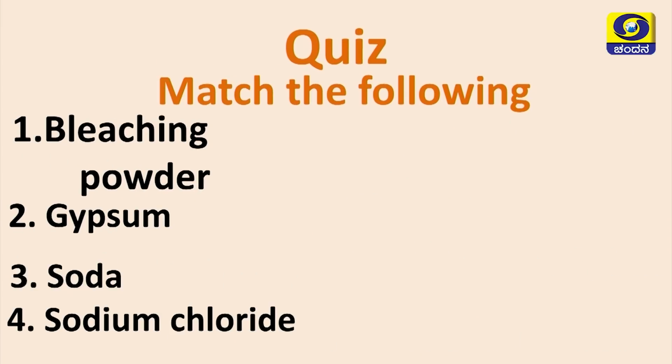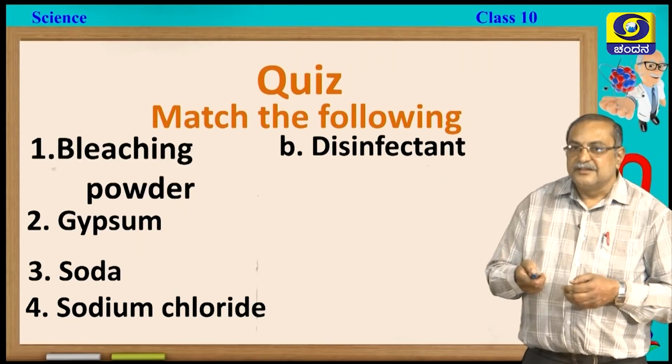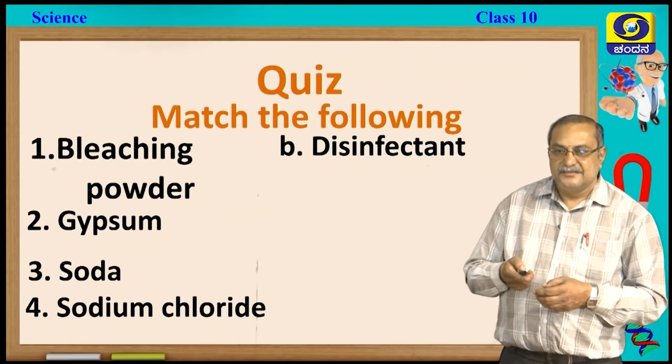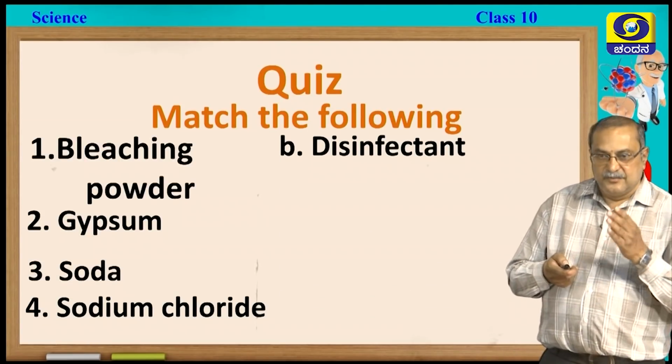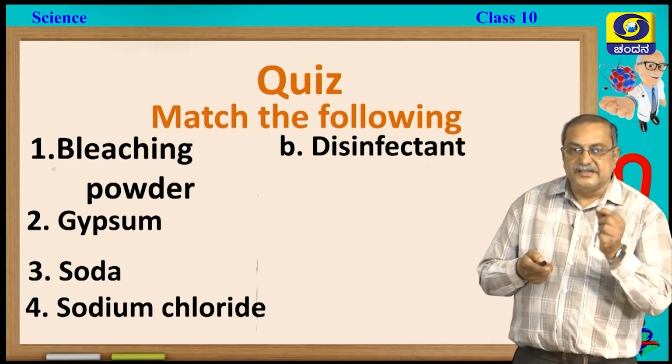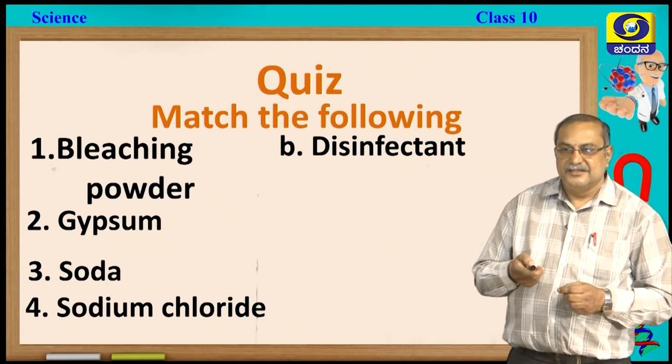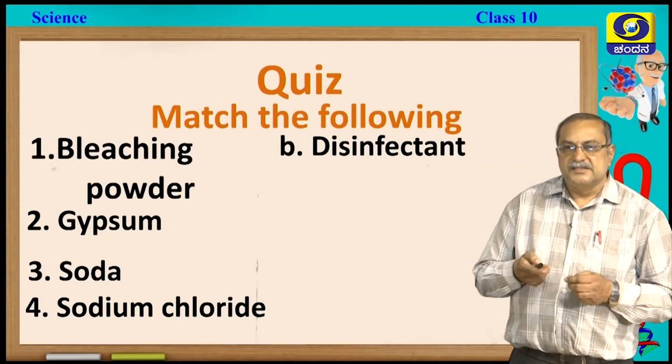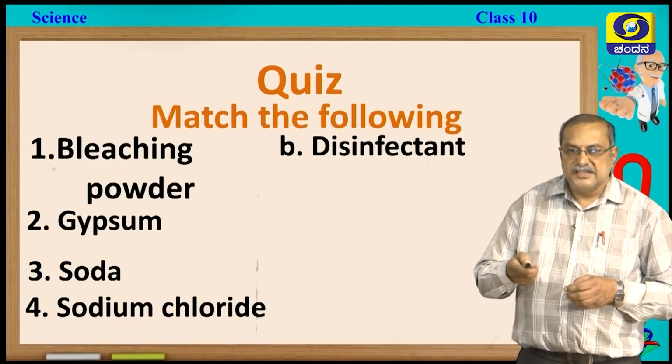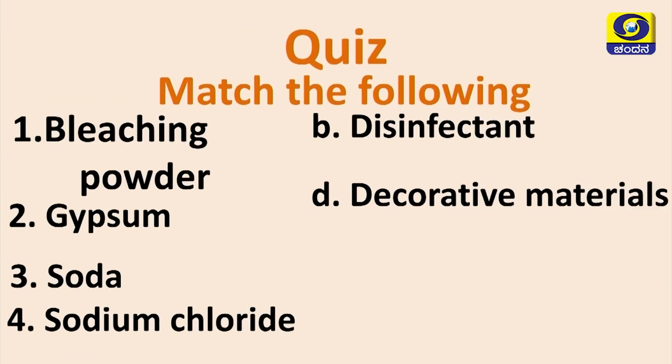Okay? Good. So, bleaching powder is a disinfectant because it kills the germs, because it releases chlorine. Clear, no? So, that is why it is used as a disinfectant. Next is gypsum. This gypsum is going to be used for decorative materials, roofing, false roofing and making toys and other things. Okay.